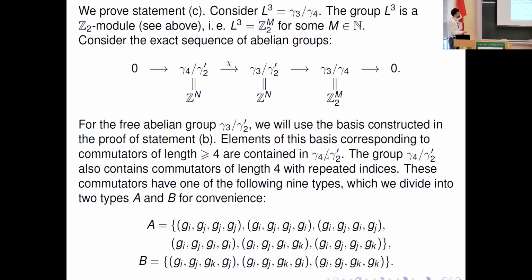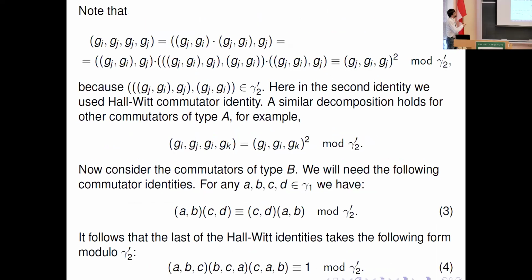The group gamma 4 by gamma 2 stroke also contains commutators of length 4 with repeated indices. These commutators have one of the following 9 types: A, B. For all commutators with these types, we derive formulas.